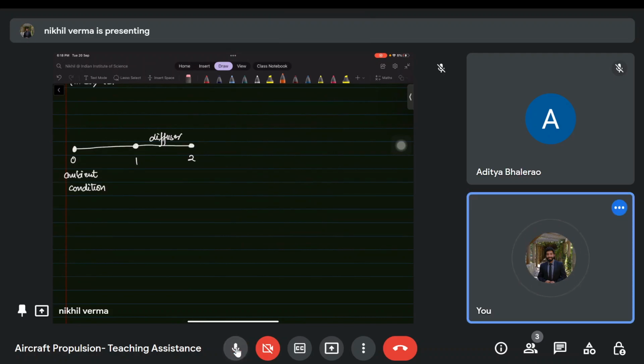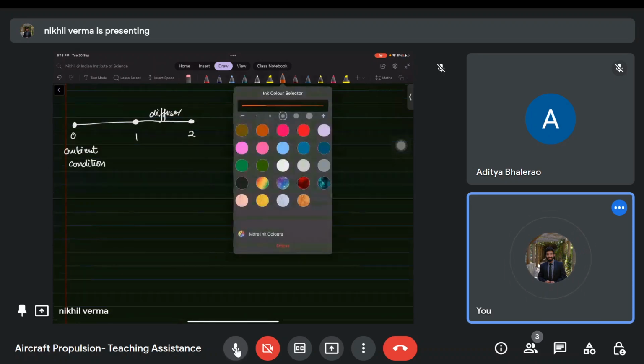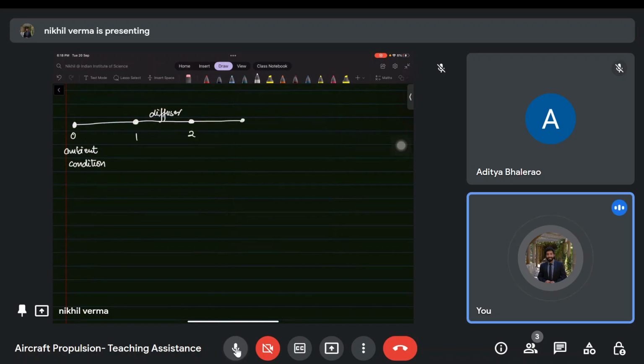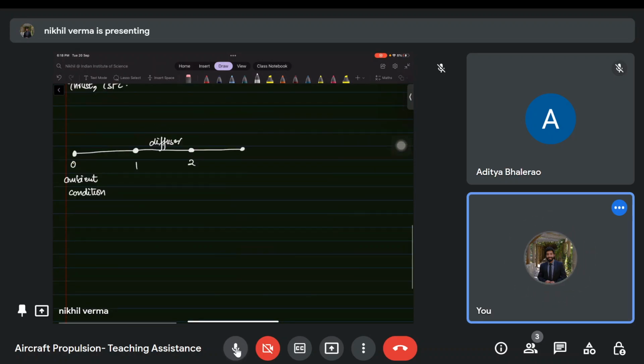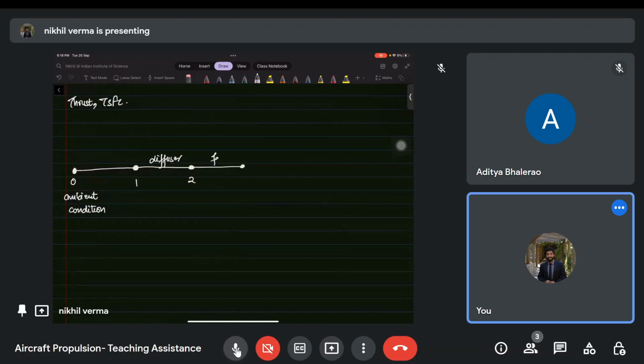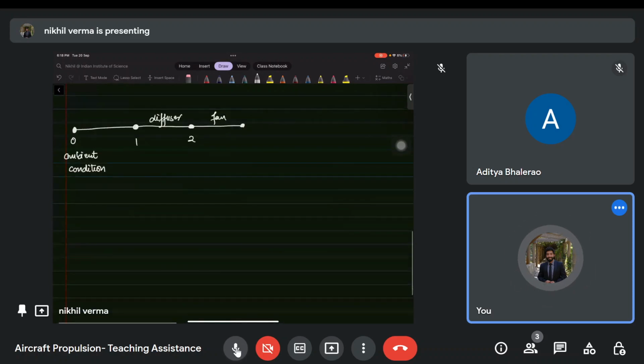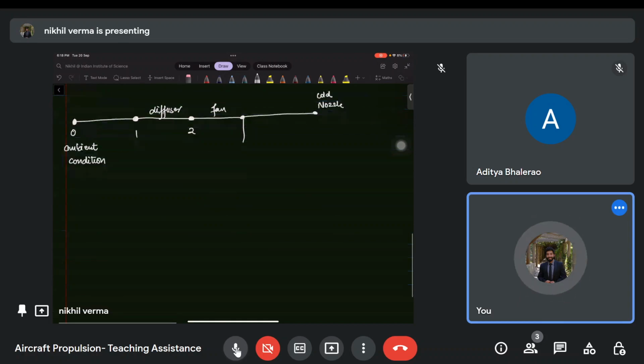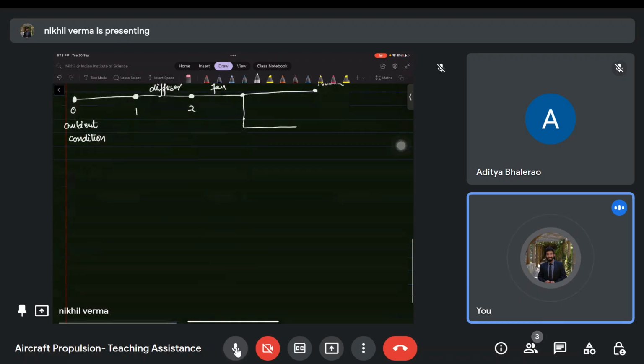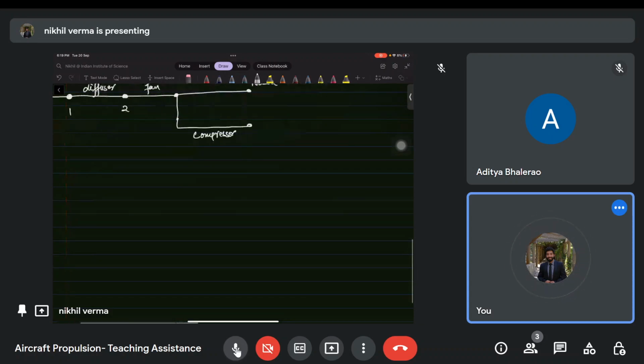Okay, this is diffuser, followed by the fan. Then from the fan there are two streams that are going through it. One is the cold nozzle, and the other part is getting diverted into the compressor.